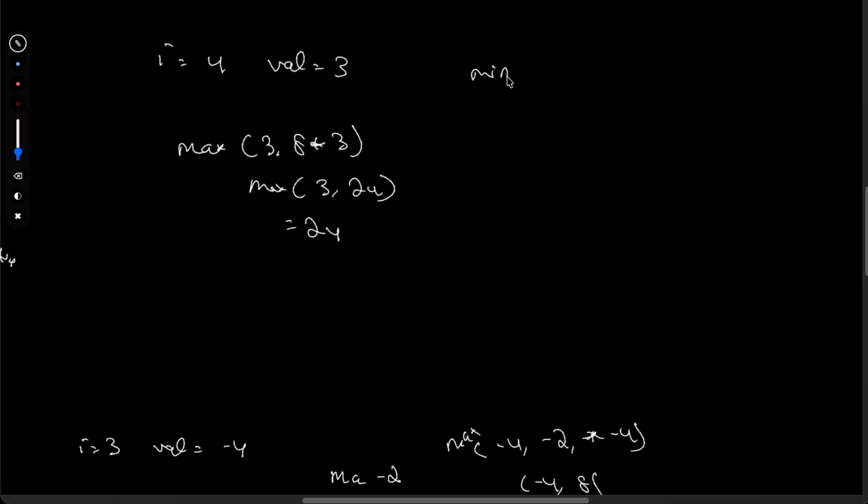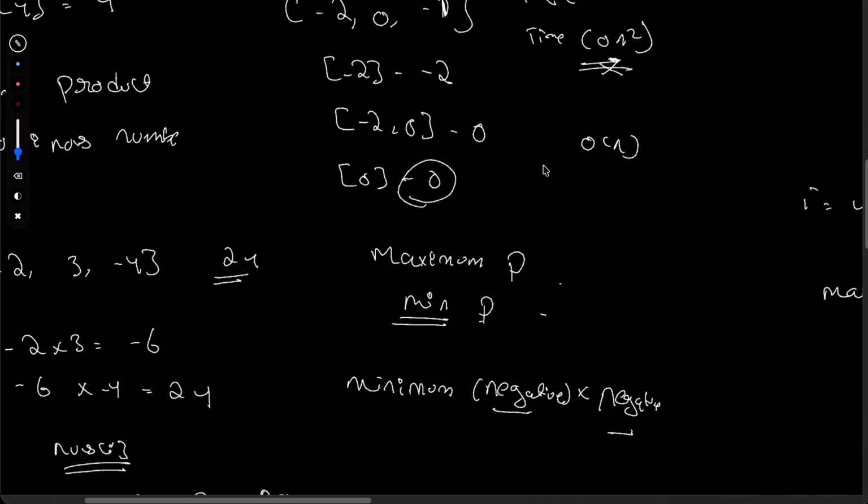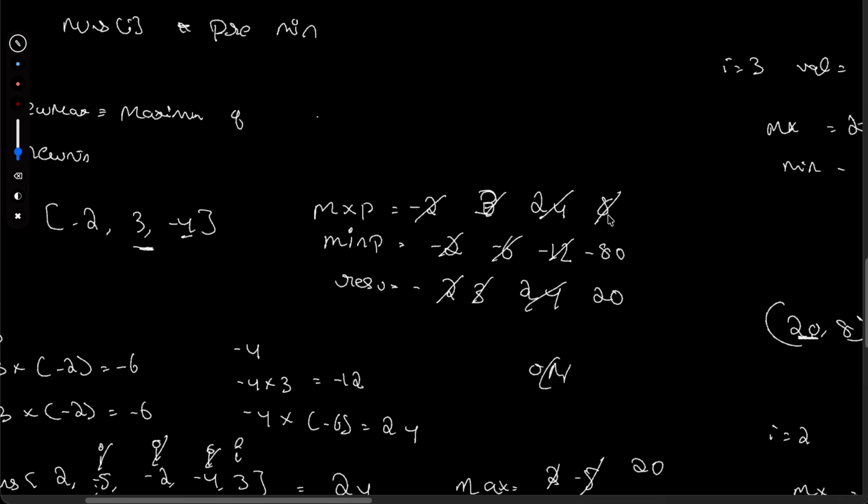Now we update the min. 3 and negative 80 times 3 is negative 240, so the minimum is negative 240. So now max is 24 and min is negative 240. So let's update the result. Max of 20 and 24 is 24, so the answer is 24. Okay, so the loop ends, so the answer is 24.